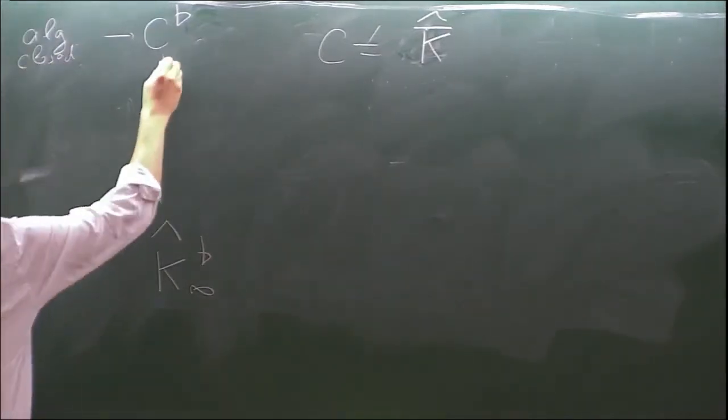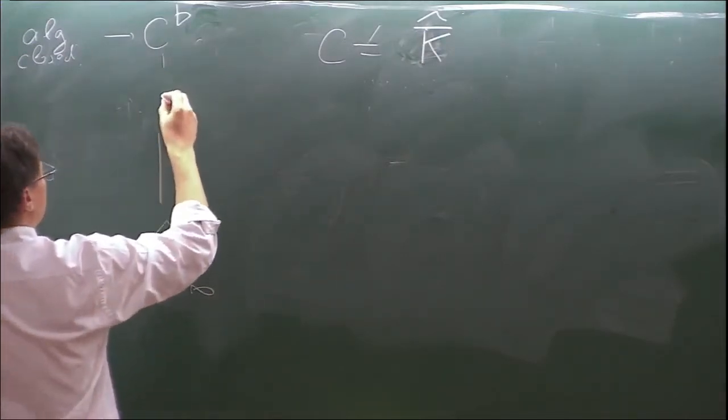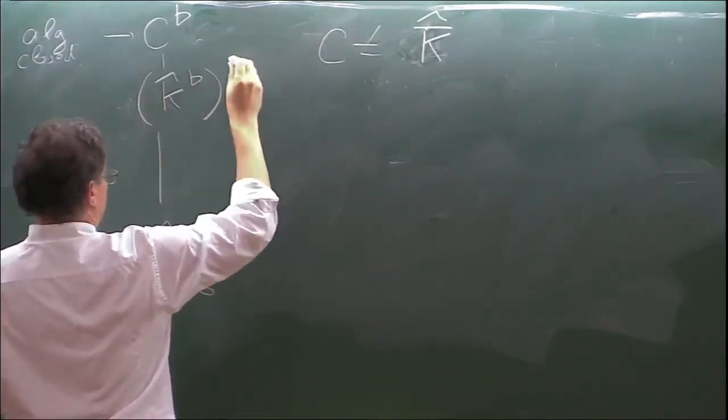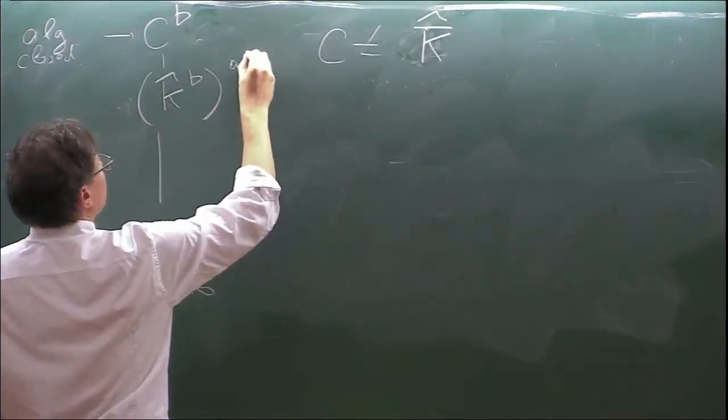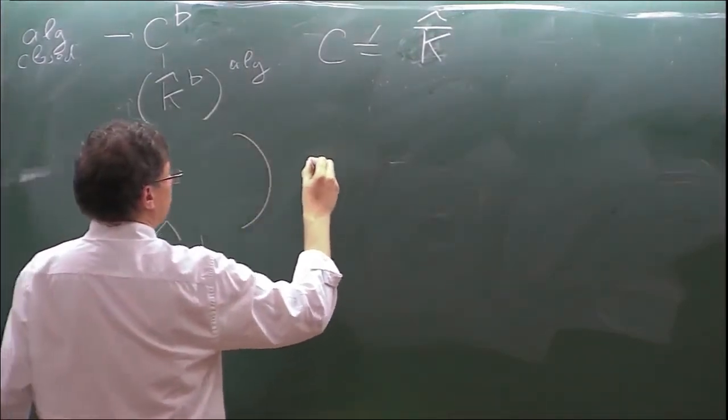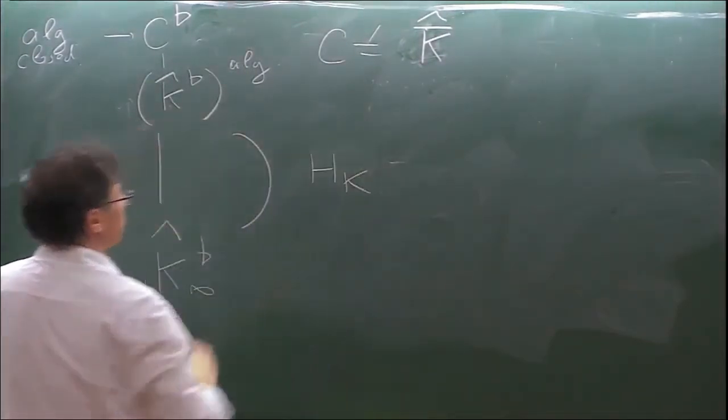So here we have the maximal algebraic extension, the algebraic closure of K hat tilt. And this Galois group is isomorphic to HK.